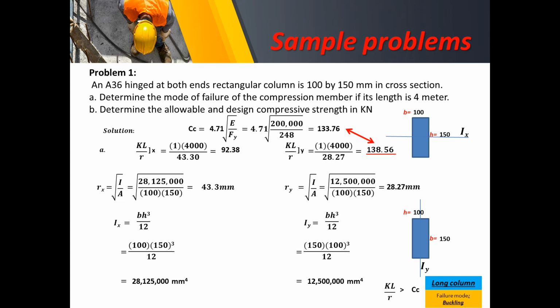So that solves our first requirement, letter A. Hence, we would like to check also the limit of KL over R should be less than 200. So since KL all over R is 138.56, that is less than 200, that is okay.